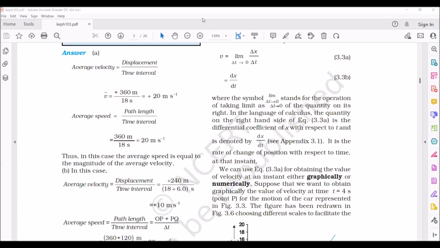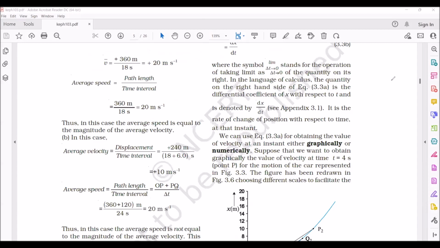If the object is not traveling in a straight path, if it is traveling in some other path which is not straight, then in order to describe the path of the object, we generally don't take the direction. So it is distance, and how fast the object is moving from A to B in this curvy path can be given with the average speed.